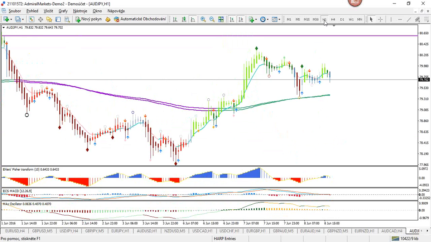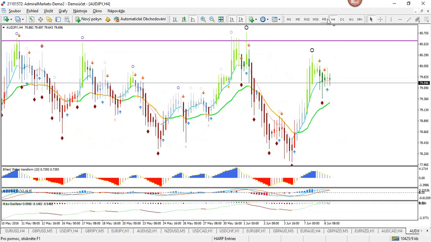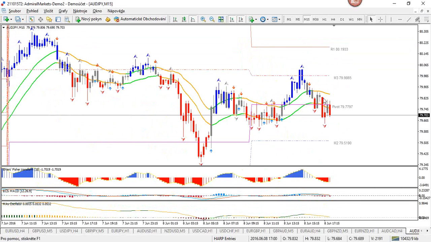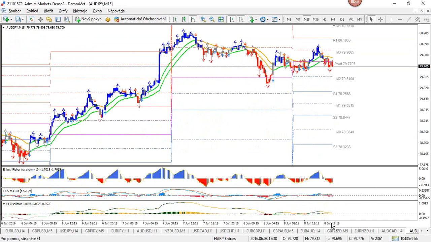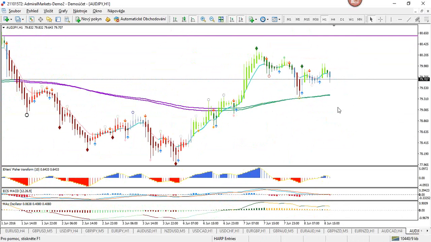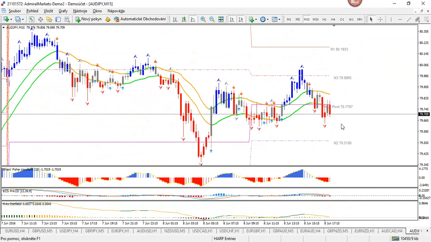Otherwise, from a 4 hour and hourly perspective, it looks a bit more bullish, so there could be a breakout to the upside, but we lost even momentum to the upside on both these time frames. I would skip it probably, right? That I think is my main message.